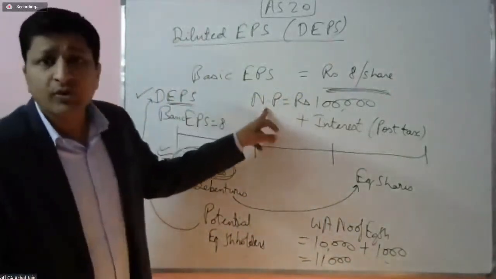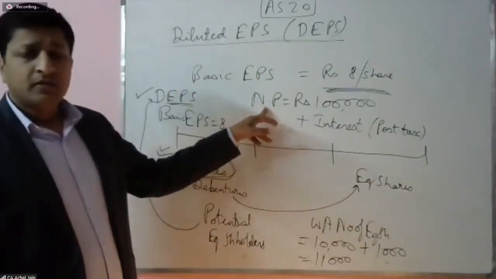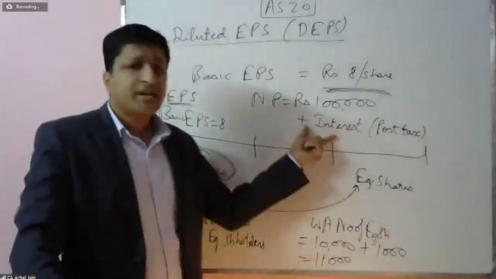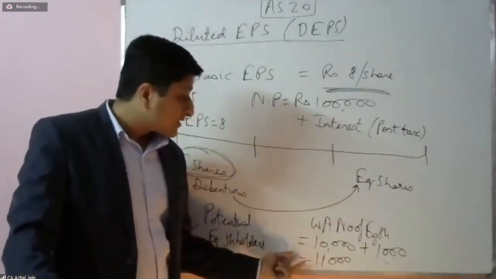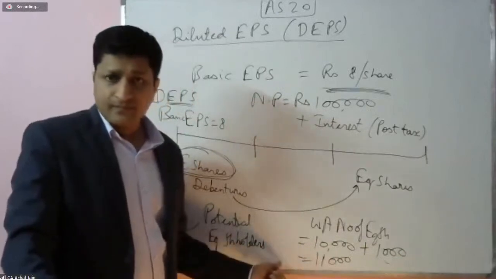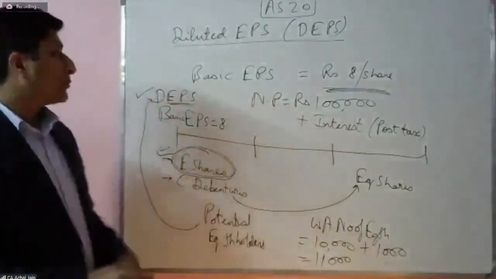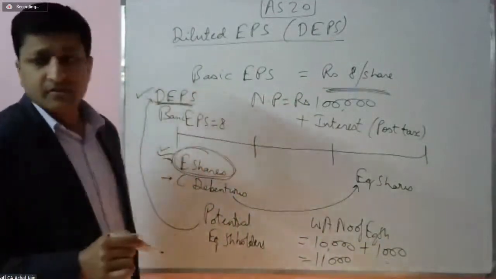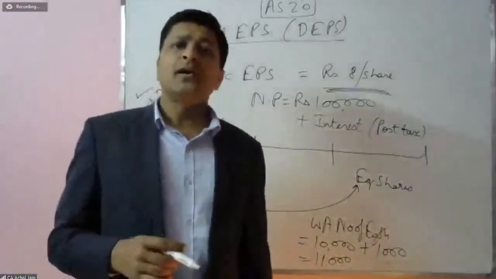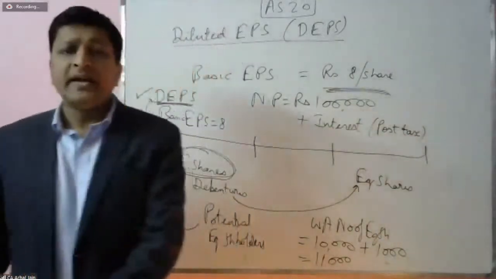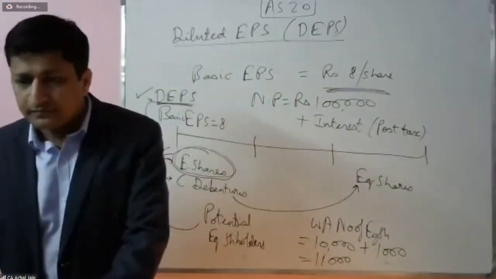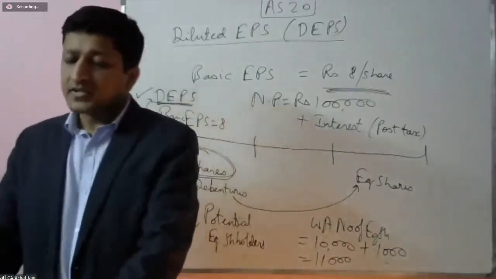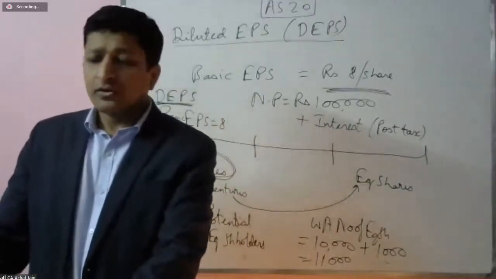So this new profit, or you can say this revised net profit, after considering this adjustment and this revised weighted average, will be used for computing EPS, and that EPS will be called DPS, diluted earning per share. Okay, clear? In this case, there are a couple of things you'll have to consider.